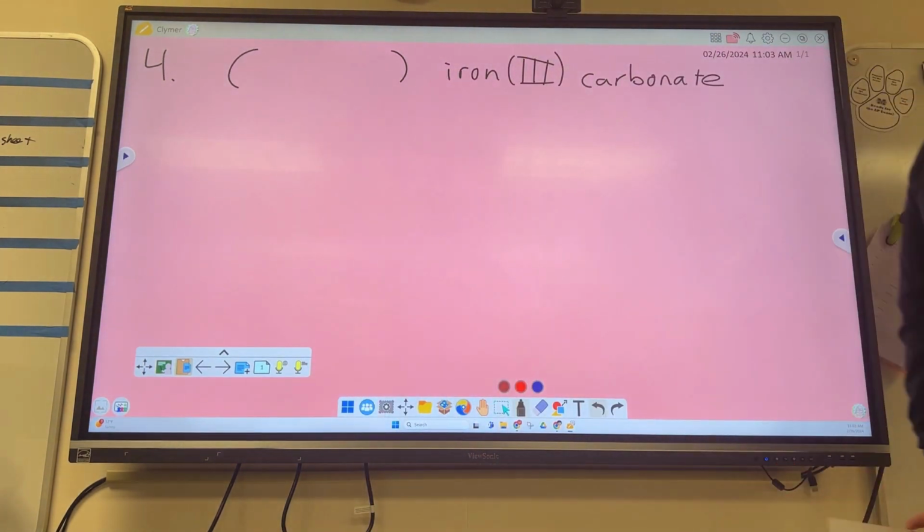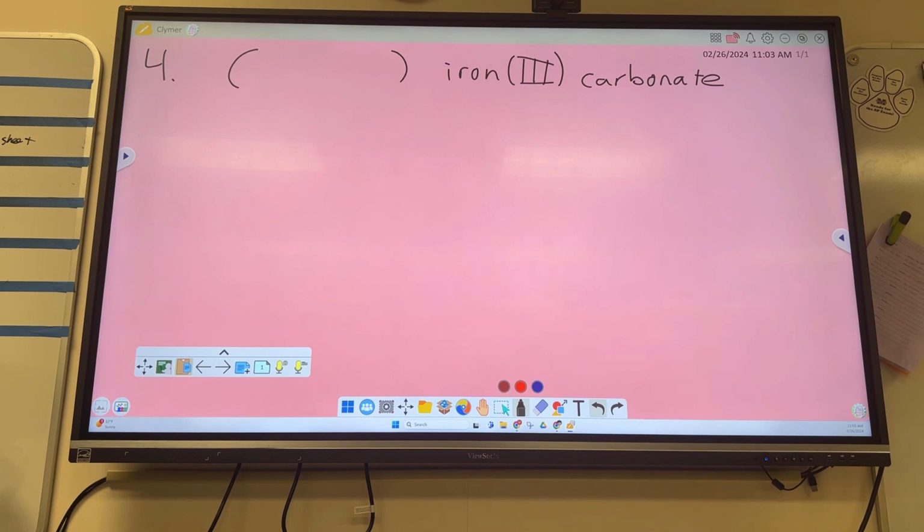Iron 3 carbonate. Write down the formula for iron 3 carbonate on your papers on number 4. You may use your periodic table. It's on the first column. Good.